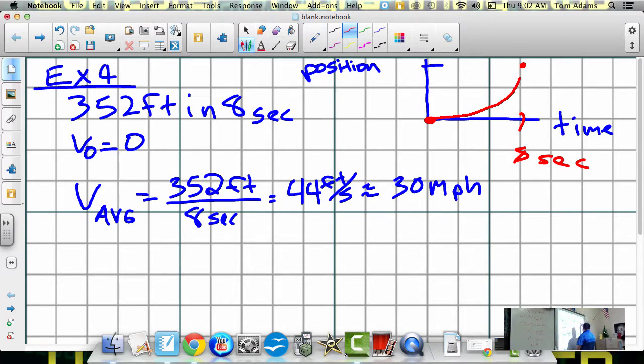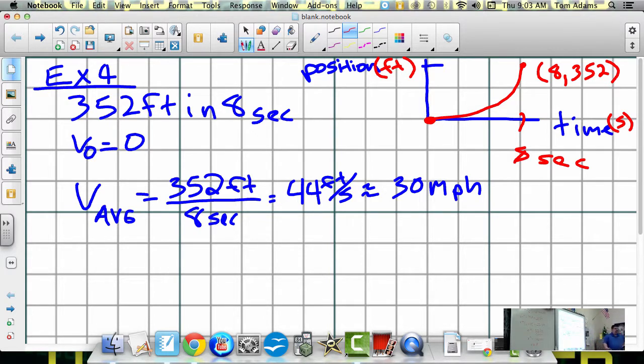Who knows what it does? But whatever happens in between, this right here would be 8, 352, right? Where this is the time in seconds, and this is the position in feet, right?